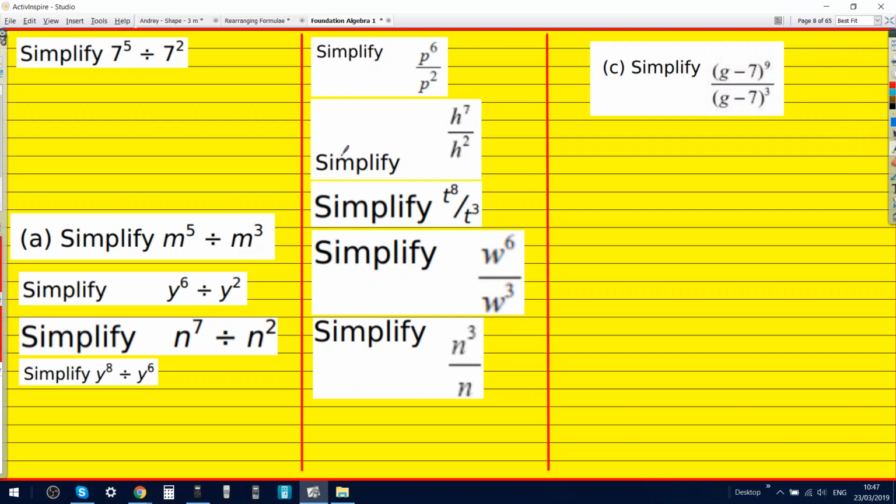Let's say this one down here, bottom left. Is it y to the power of 2? Yeah. Top middle. P to the power of 4. Bottom middle. N to the power of 2. Brilliant.